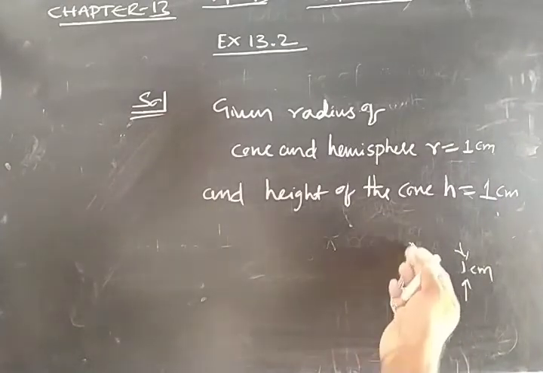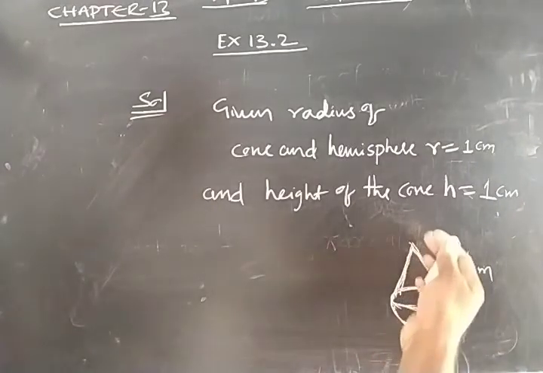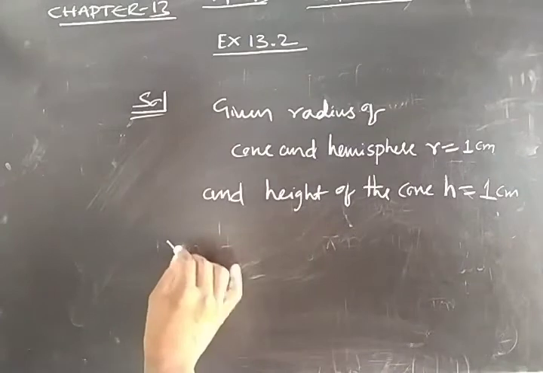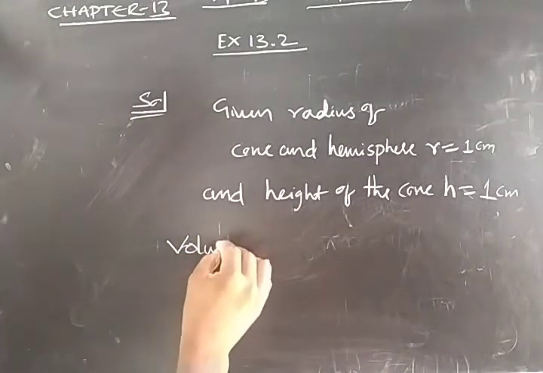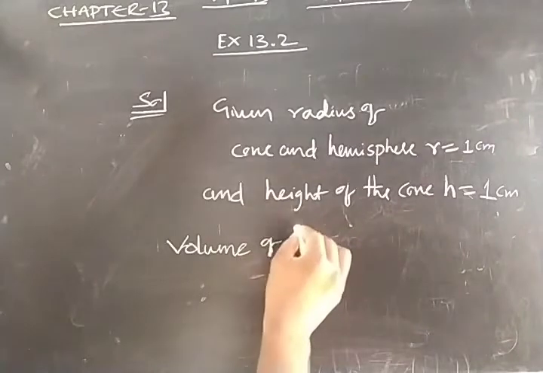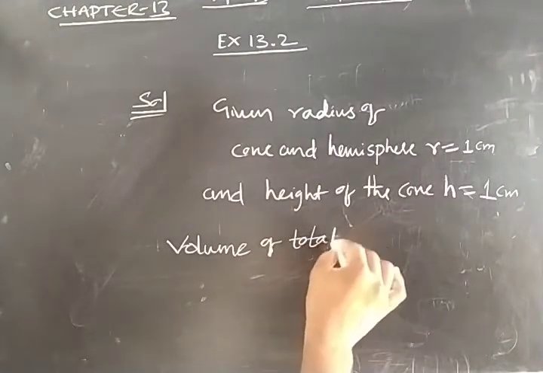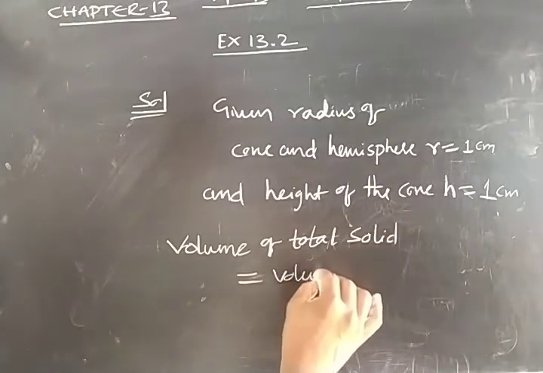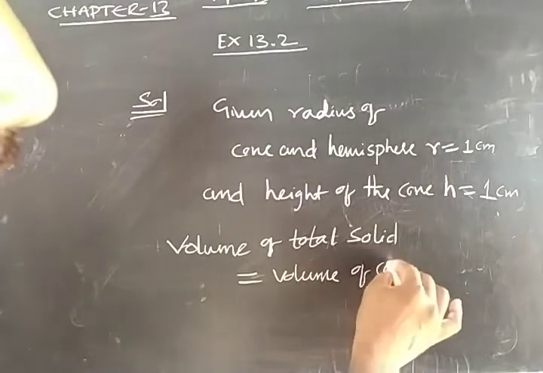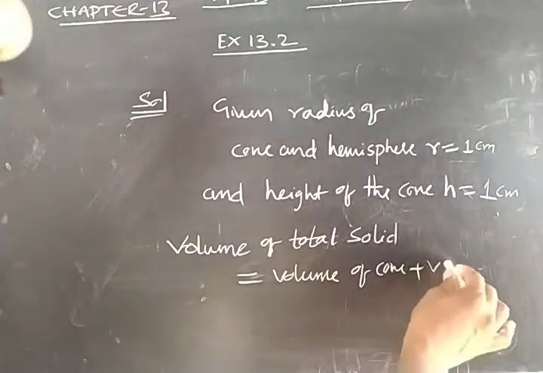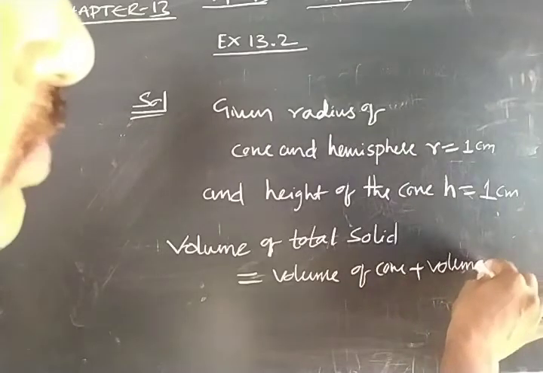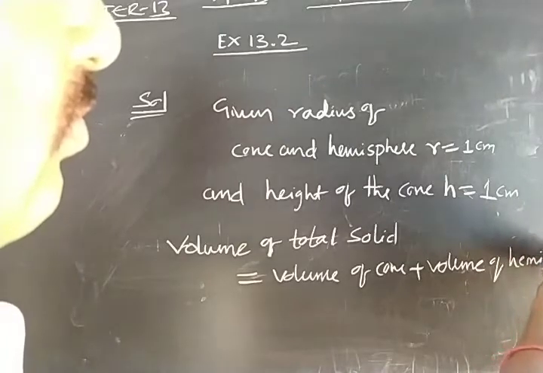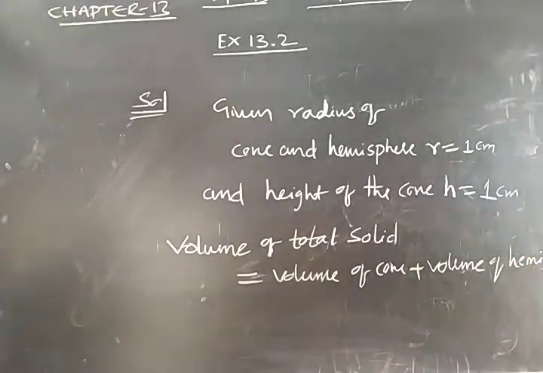The volume of the total solid is equal to the volume of cone plus the volume of hemisphere.